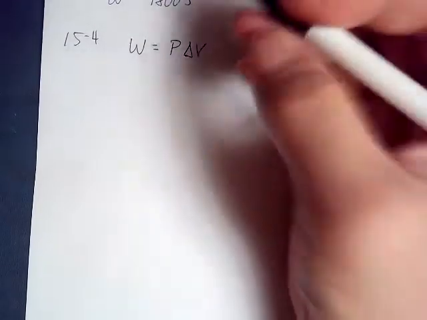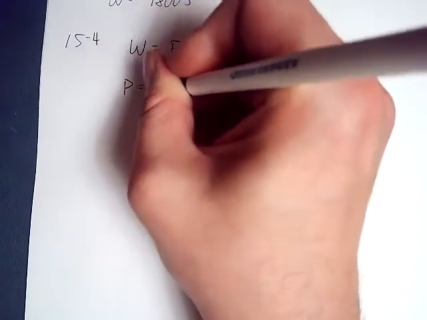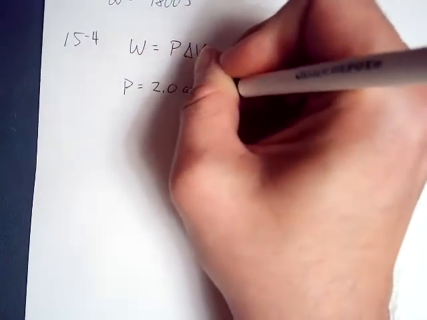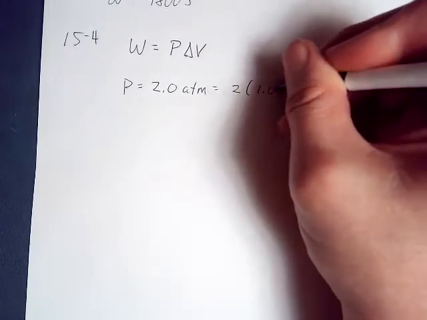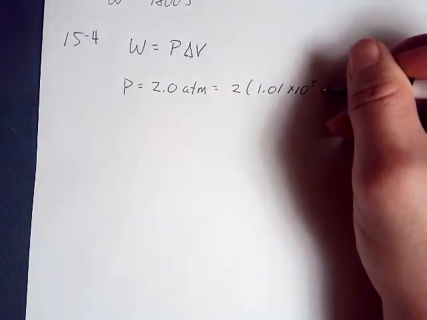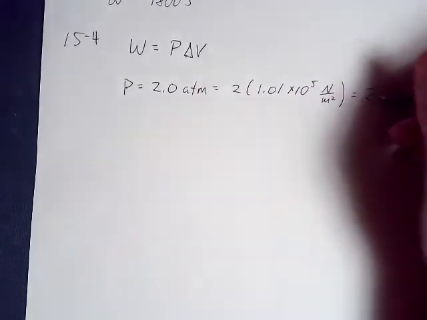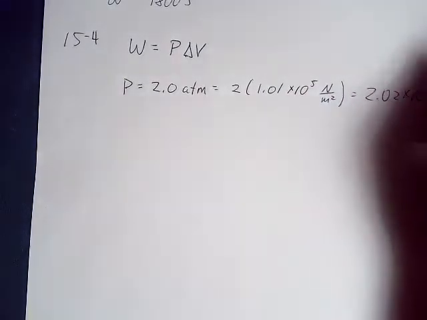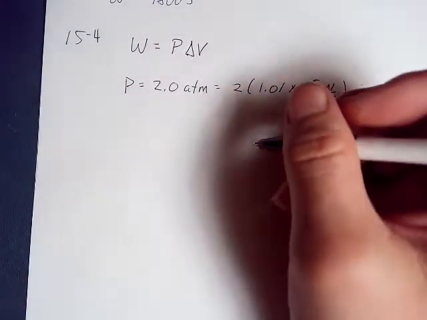pressure is a constant, so whatever the pressure is, which they're telling us, if the pressure is 2 atmospheres, and this has to be in pascals, so we need to multiply that there. So this is just a conversion into pascals.